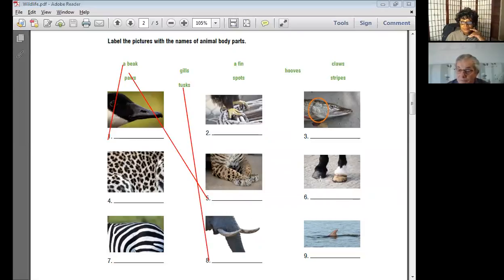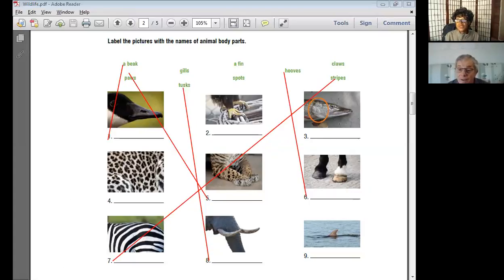A donkey has four legs, and at the end of the four legs has hooves. Has hooves. The zebra has stripes on his skin. Stripes. And after that, I don't know.